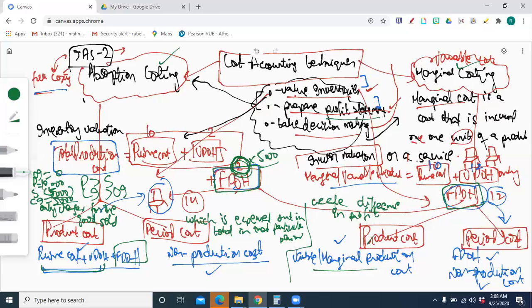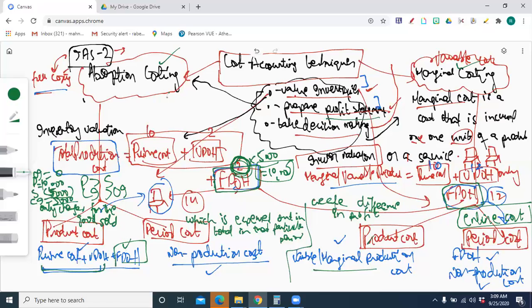Whatever the actual fixed overhead, in marginal costing the entire cost would be released in the period, right? But in absorption, fixed overhead for the goods sold is released, and for the goods unsold it is not. So 2 per unit into 5,000, that is 10,000, would be locked up in that inventory, not sold.